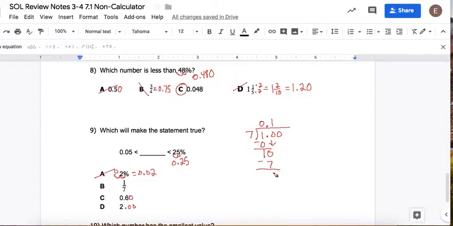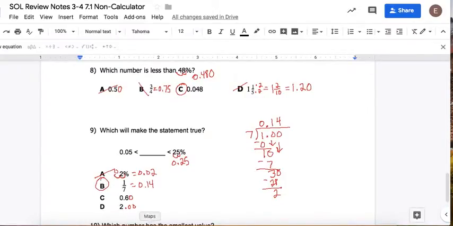Now we're going to subtract. 10 minus 7 is 3. Bring down a 0. 7 goes into 30 4 times. And 4 times 7 is 28. So 30 minus 28 is 2. So we're going to go with 0 and 14 hundredths for this one. Is that in between? And the answer is yes.